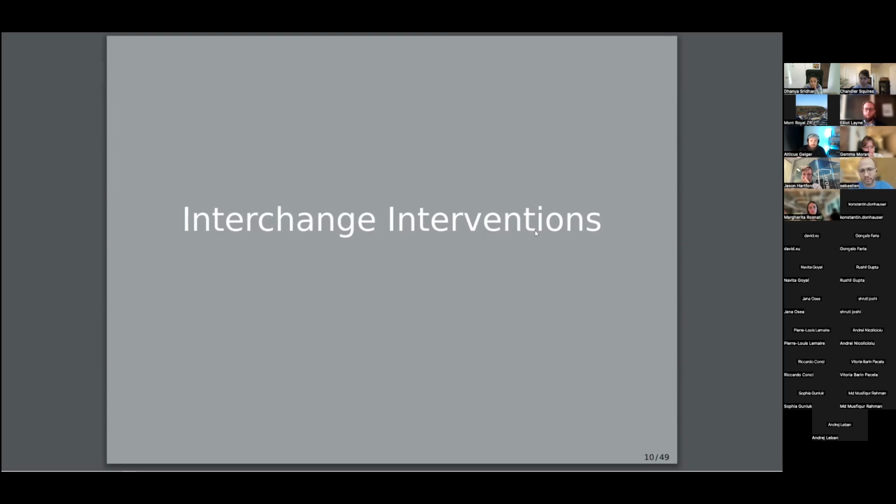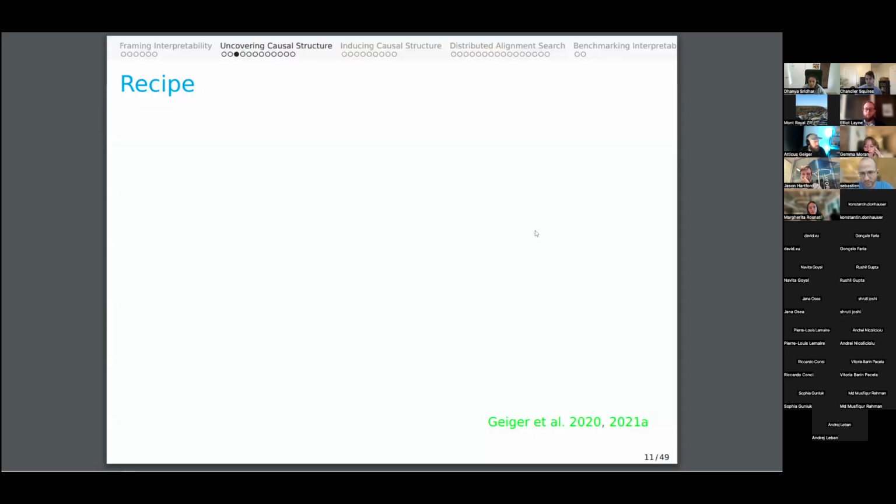If you're just trying to analyze an object, and this object is an input-output system, so you just have a space of possible inputs and it produces outputs, you should at least be considering interventions that will stay on the data manifold induced by that input structure. Meaning, if you intervene on a representation, you should set it to be a value it actually takes for some other input. And that's the core idea of what an interchange intervention is.